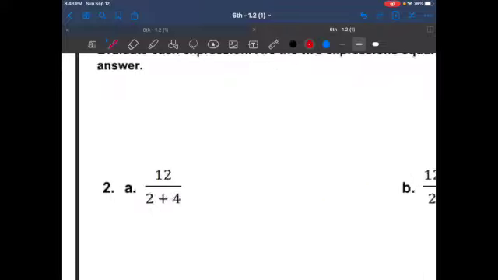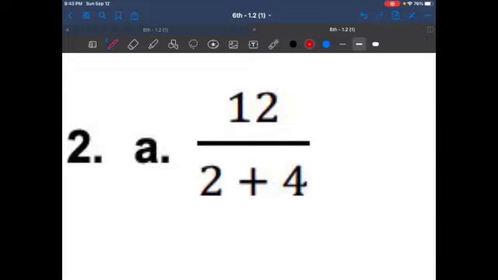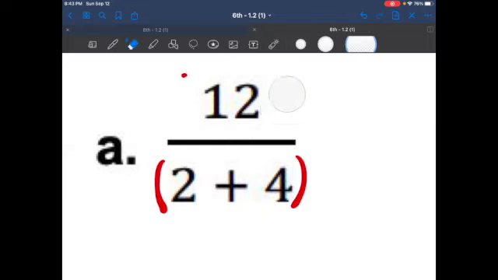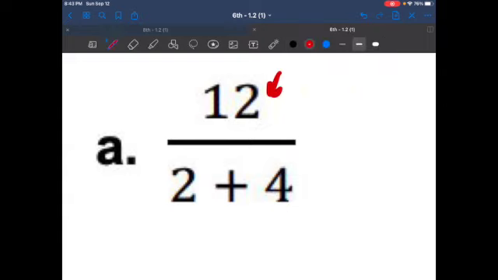Alright, make sure we do not get scared with fractions. It's nothing to be scared of. All you got to do is just follow the rules for PEMDAS. Now, if you ever see something like this on the bottom or on top, make sure we solve those first. So addition and subtraction on the top first. Let's do that. We got nothing to do here, but we do have something over here.